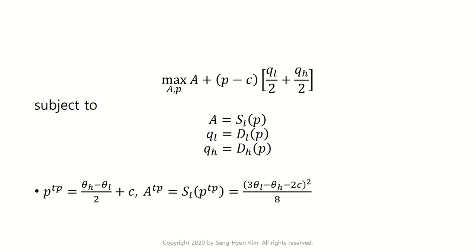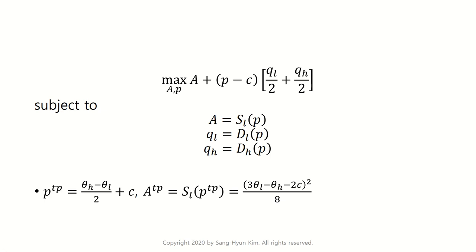So if you plug SL, DL, and DH into the profit function, then you basically have a function of P only, and we don't have any more constraints. So you solve the unconstrained maximization problem by choosing the right P. Then you get this solution at the bottom.